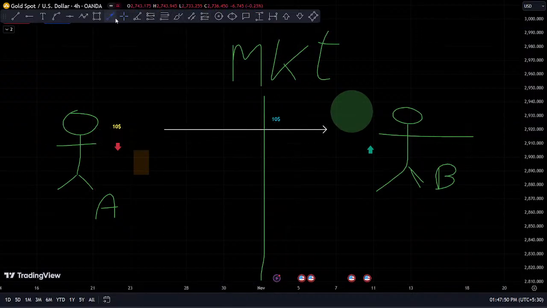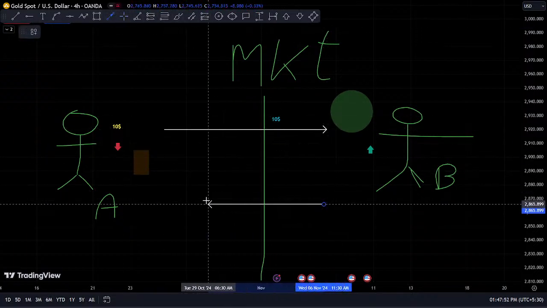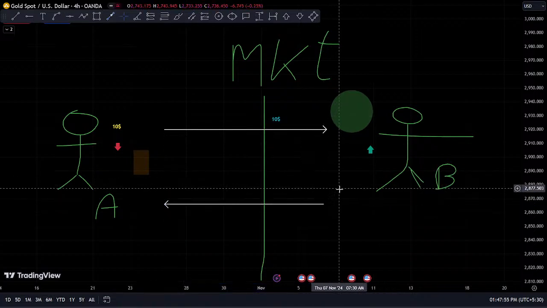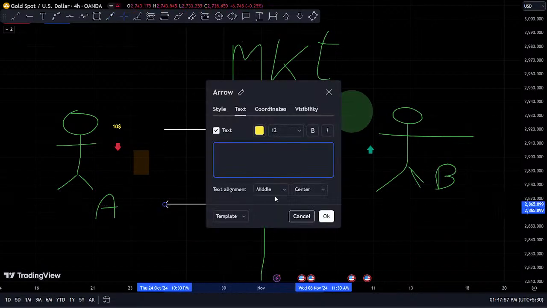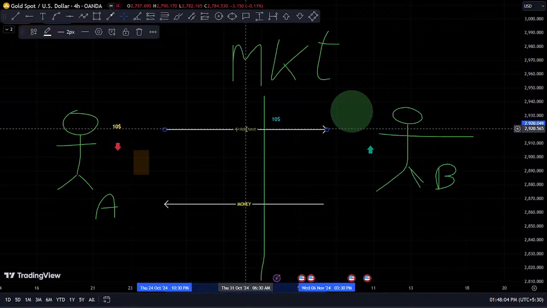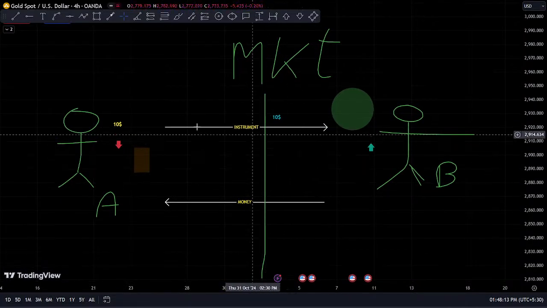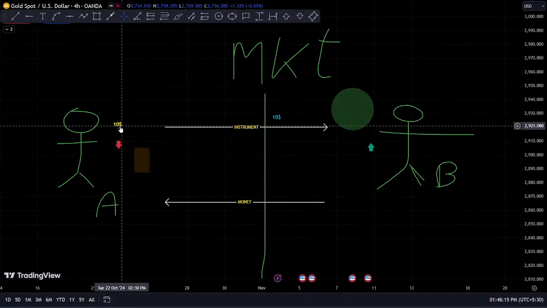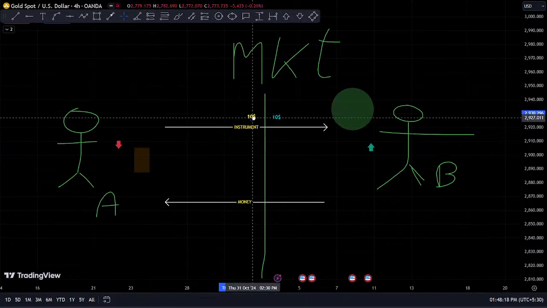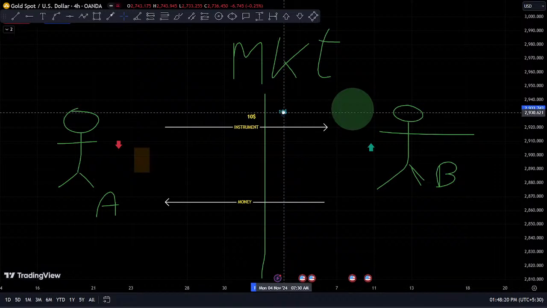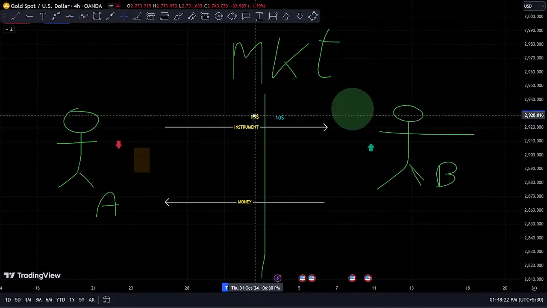He gave his money to you, and you gave him the instrument. So this is the basic structure of how these markets work. Okay, so what is this price? This was the bid price. Sorry, this was the bid price, and this was the ask price.